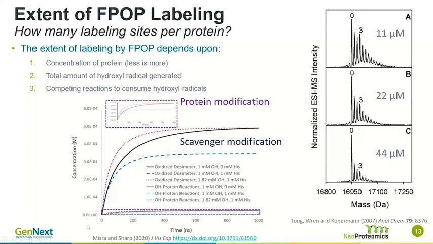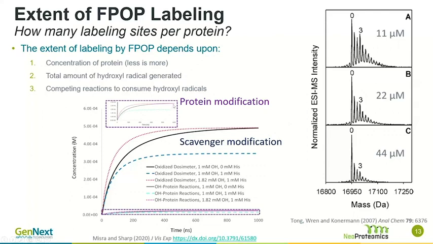And then if I turn the amount of hydroxyl radical up to 1.82 millimolar, where I get the same amount of oxidation in my scavenger, now if I look at my protein, I also get the same amount of oxidation in my protein as I did without the scavenger and with the lower amount of hydroxyl radical. So what that means is that I can monitor oxidation of a scavenger and use that as a readout of the amount of oxidation I have of my protein analyte.